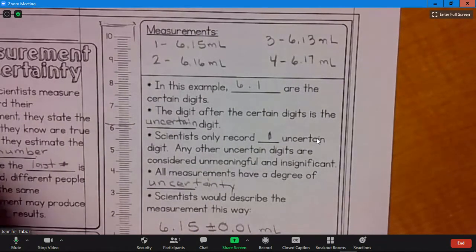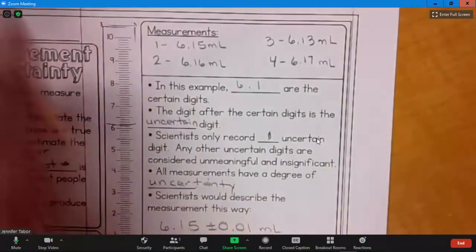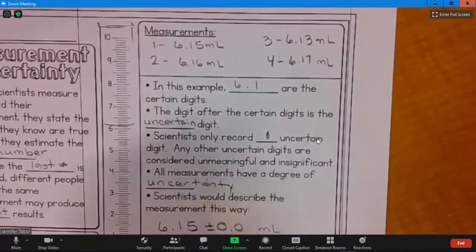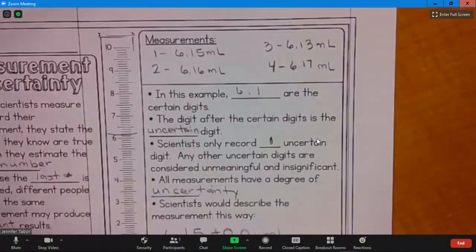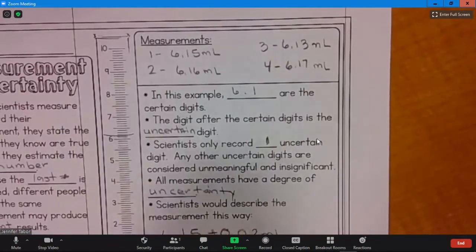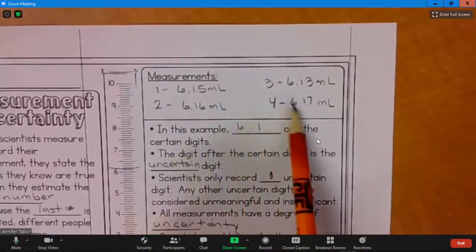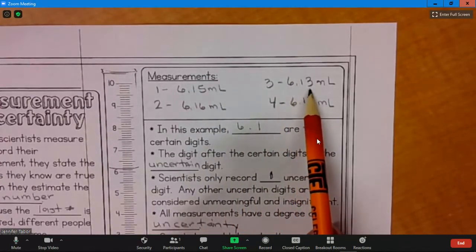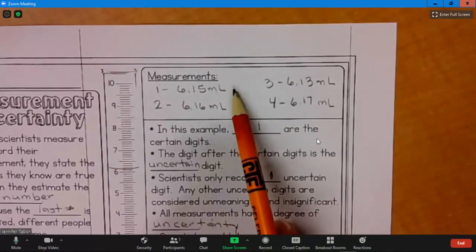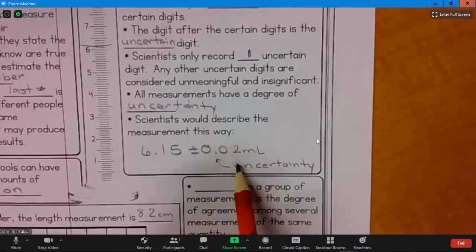And actually, in looking at those numbers again, I'm going to make that, I don't have an eraser, sorry, 2. Because we went up 2 and down 2, 0.02, right? To get from 3 to 5, to get from 5 to 7. So that's really the uncertainty in this one, 0.02. That's how scientists would describe that.